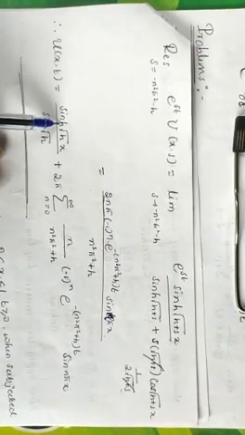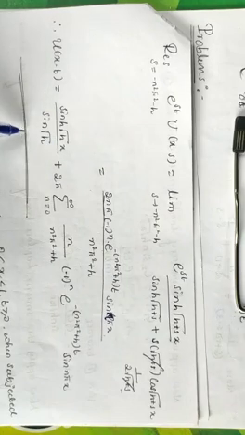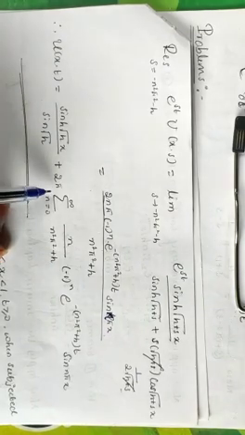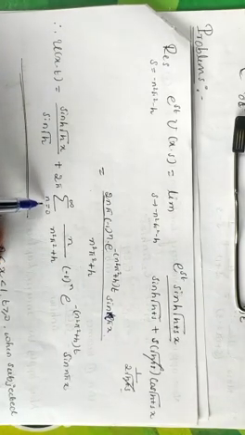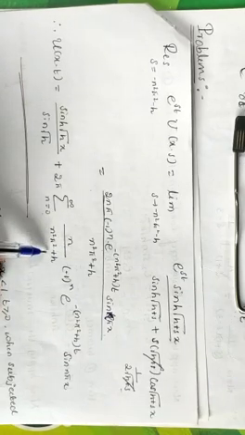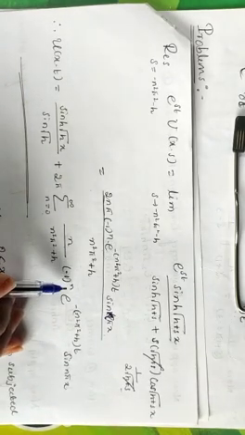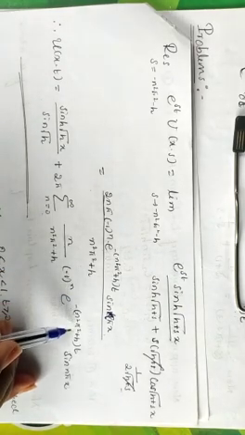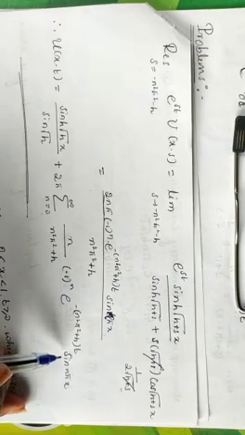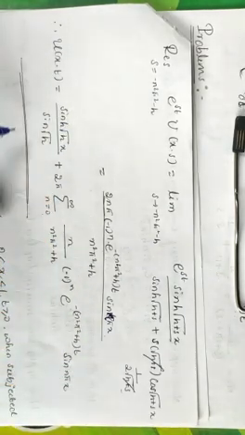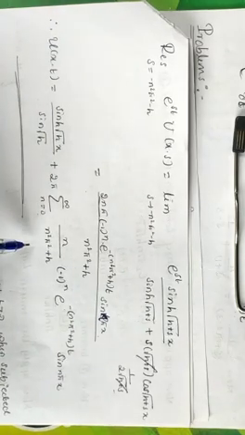That is, sinh of square root of h into x divided by sinh of square root of h, plus 2 pi into summation n equals 1 to infinity of n over n squared pi squared plus h into minus 1 all to the power n into exponential of minus n squared pi squared plus h into t into sin n pi x. Okay, so this is the required solution for the given problem.